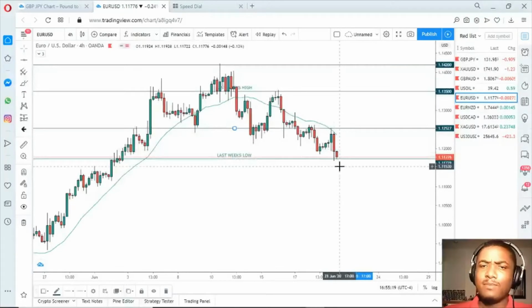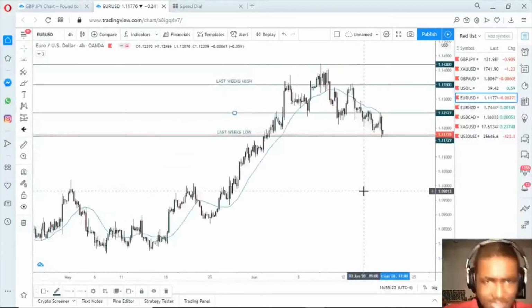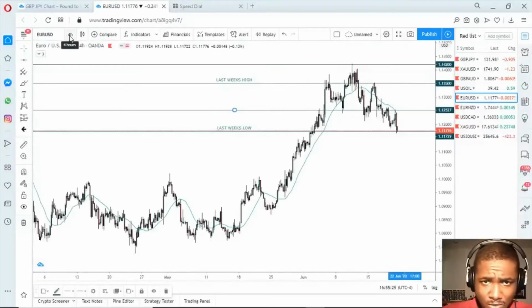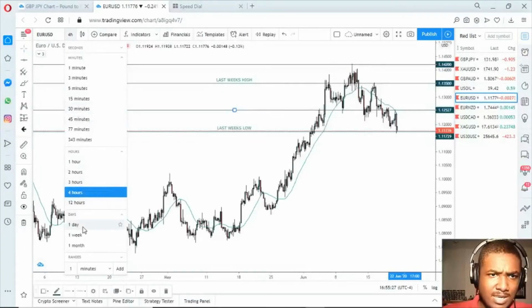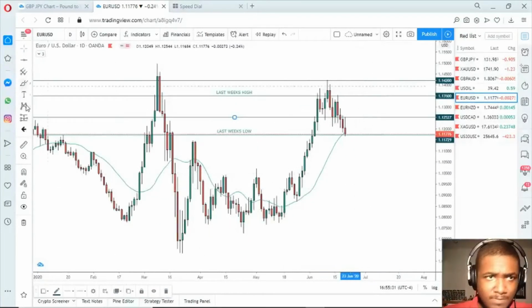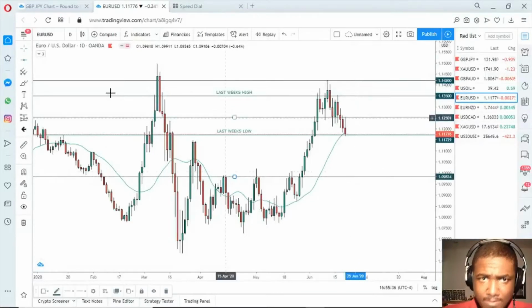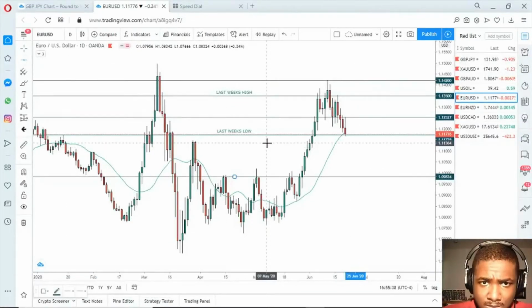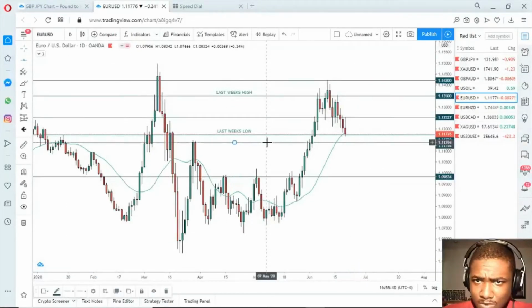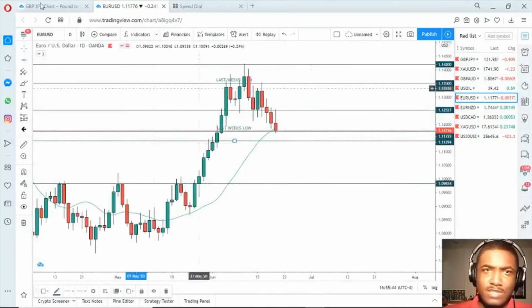If we break below with a strong close below, we just look for the retest and get sells down into the next downward target, which could be all the way down here. That's one, and I would look out for this area as well. So these are my two downward targets.